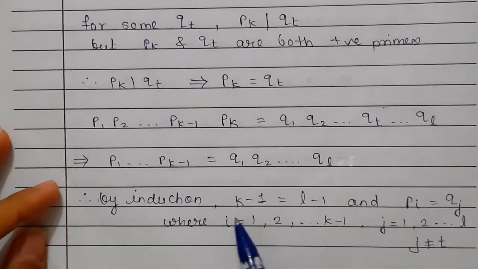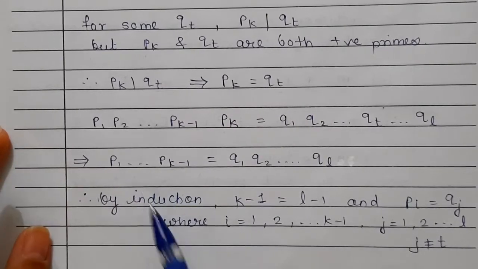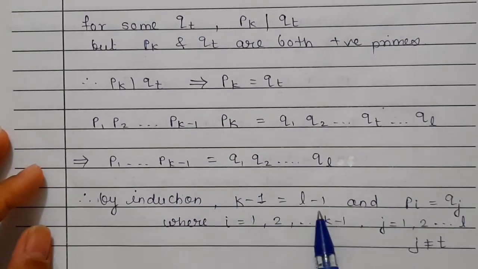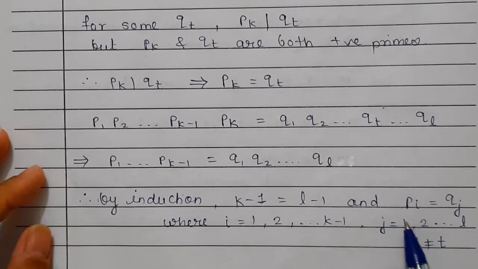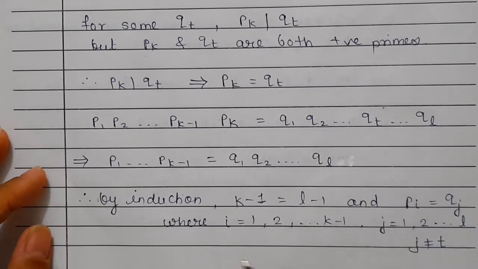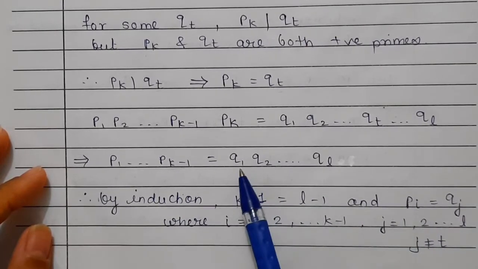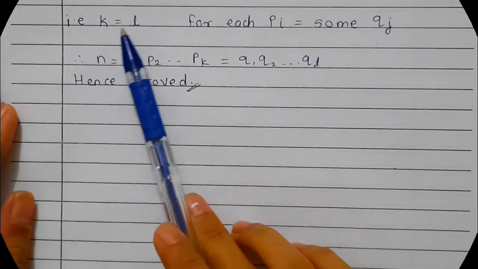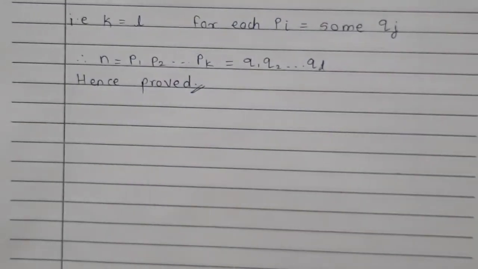So the elements which we have after taking out these two are k minus 1 and l minus 1, where pi is equal to qj, where i is from 1 to k minus 1 and j is between 1 to l, where j is not equal to t.